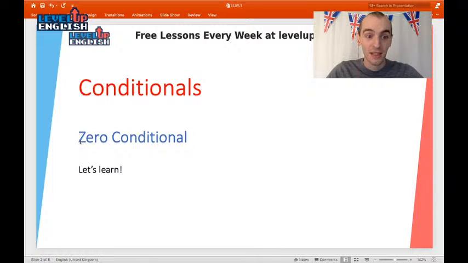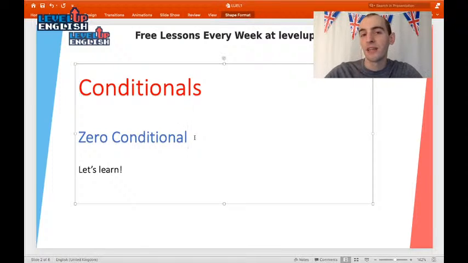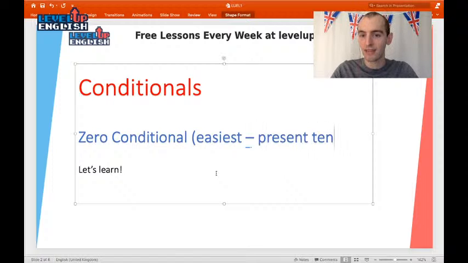Okay. So the first kind of conditional is called the zero conditional. This is the easiest conditional, and it talks about the present tense.